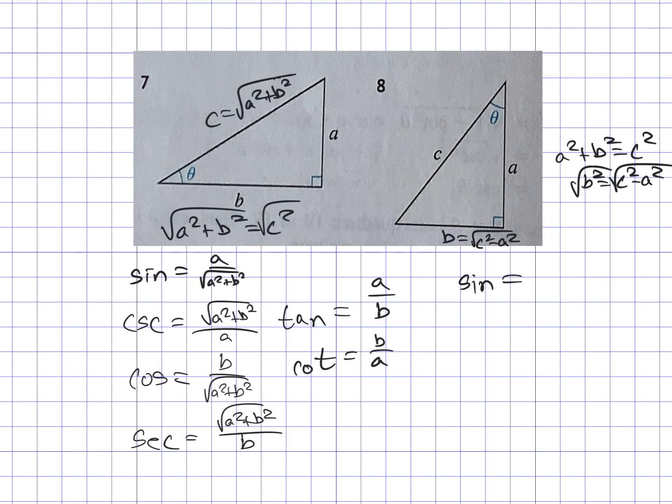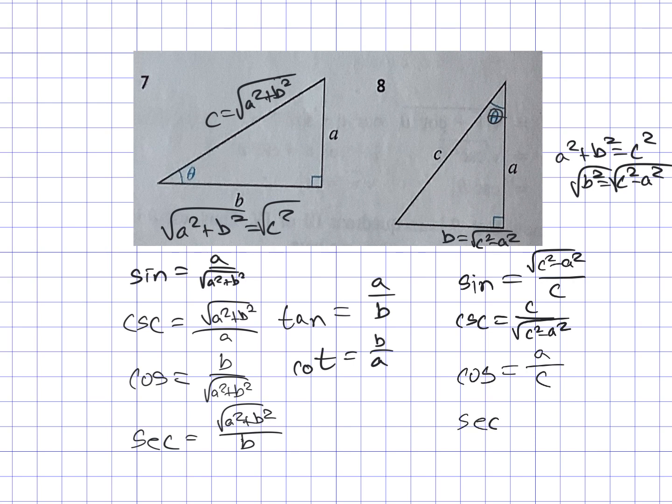Sine of theta. Theta is up here now. Opposite is the square root of c squared minus a squared, all over the hypotenuse. And so the cosecant is the reciprocal of that. And then the cosine is the adjacent, which is alpha, or a, over the hypotenuse, c.